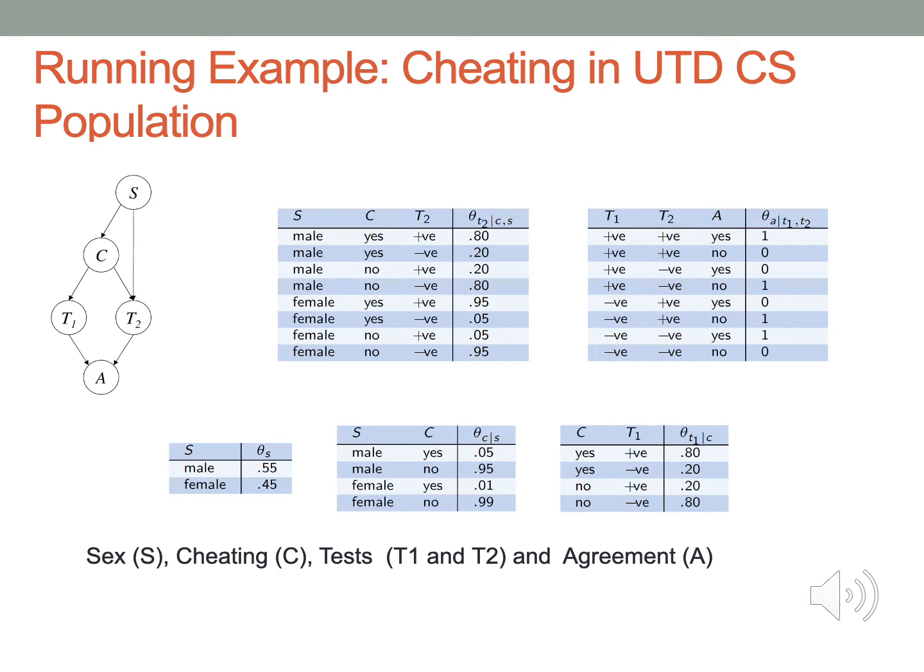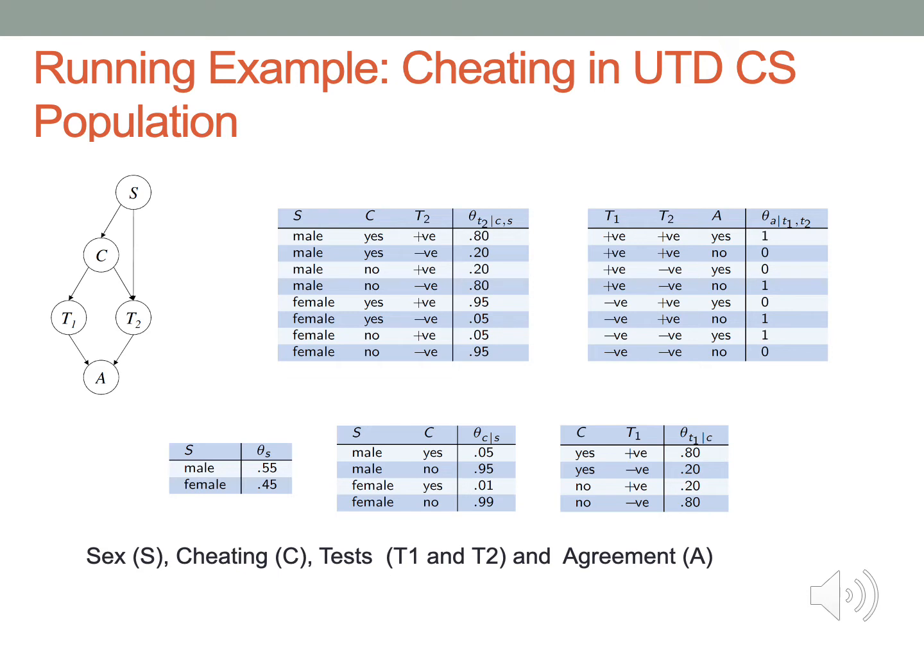Test T1 is gender neutral in the sense that it only depends on whether the student cheats or not. Test T2 is not gender neutral in the sense that it depends on whether the student cheats or not, as well as whether the student is a male or a female student. Finally, the CPT at A is a deterministic CPT.